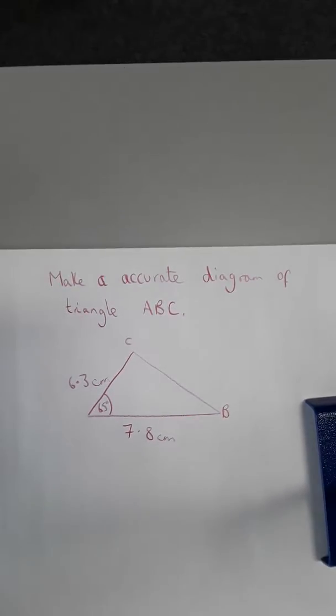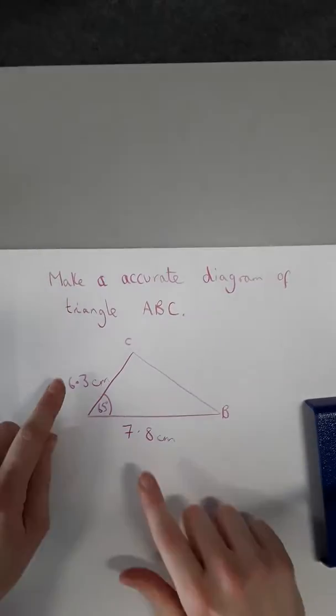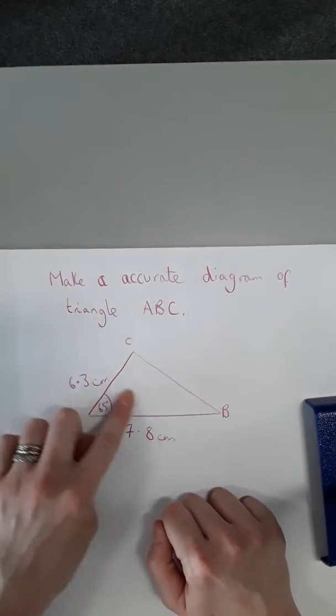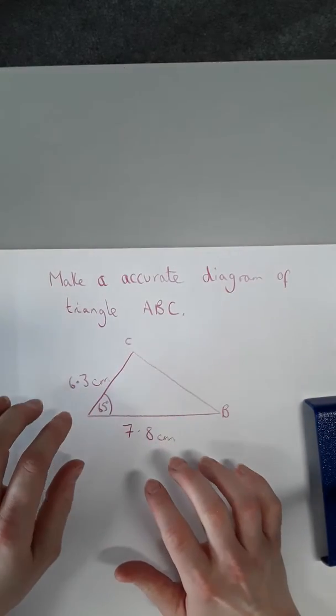So this is an example of a side angle side triangle because it's given me 2 sides and 1 angle, and I've got 3 bits of information now that I can use to create my triangle.